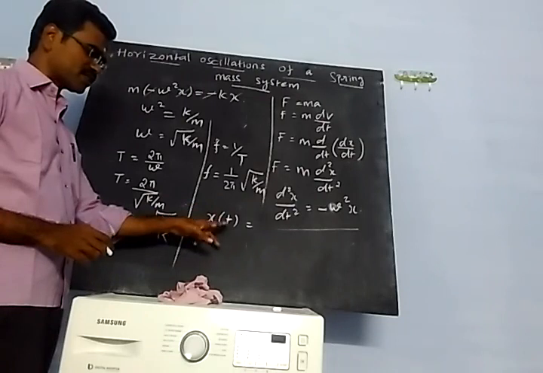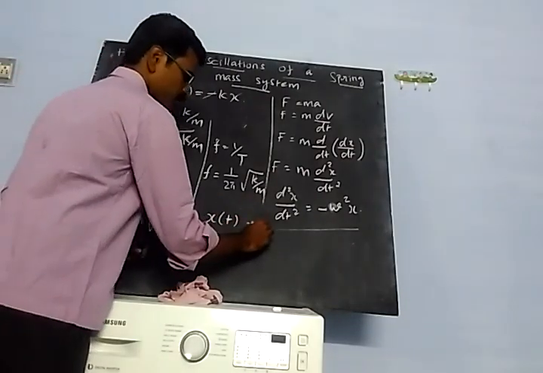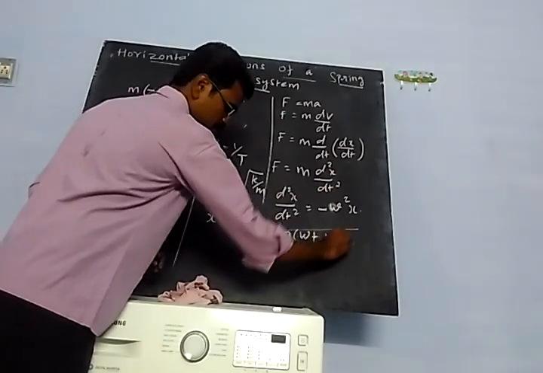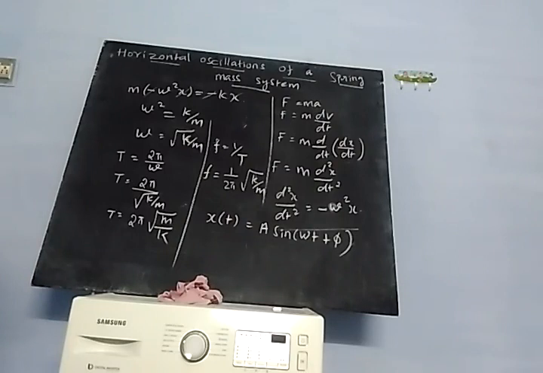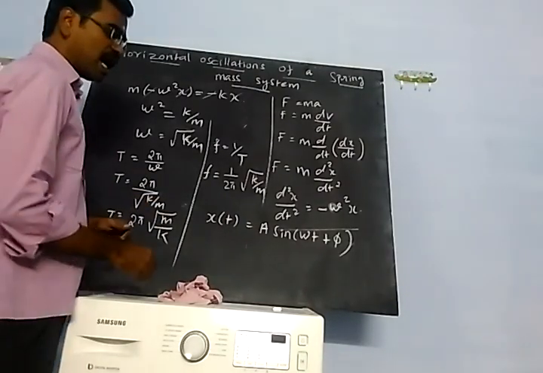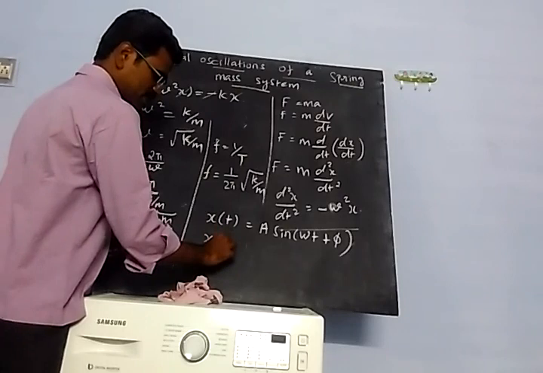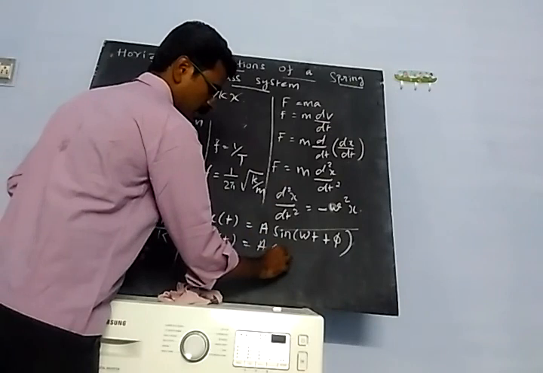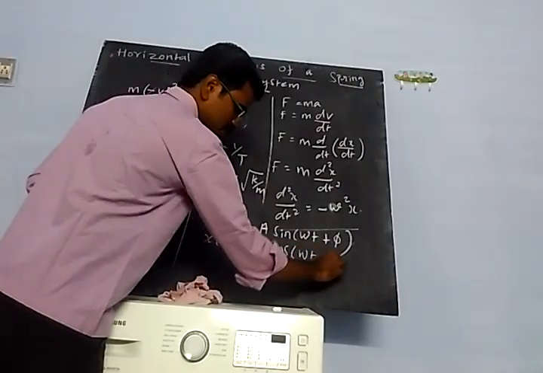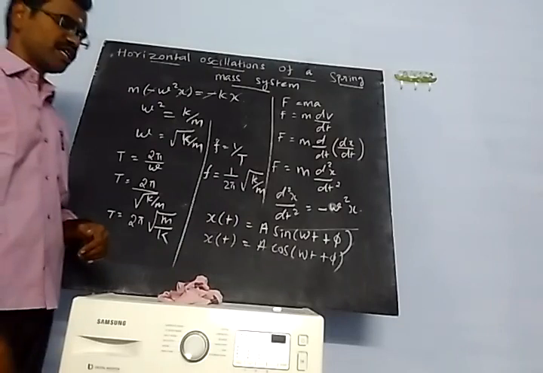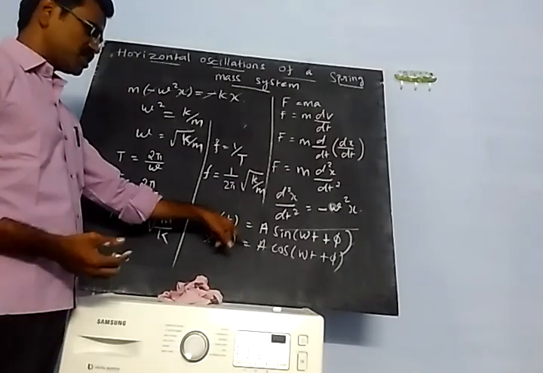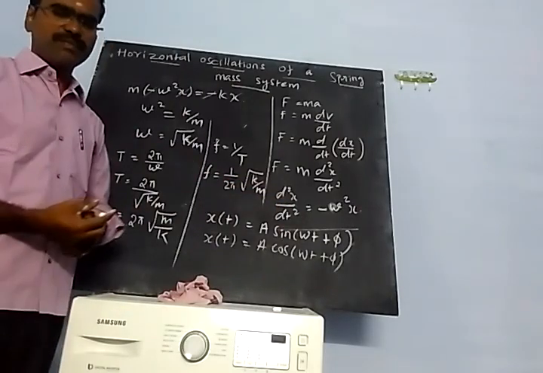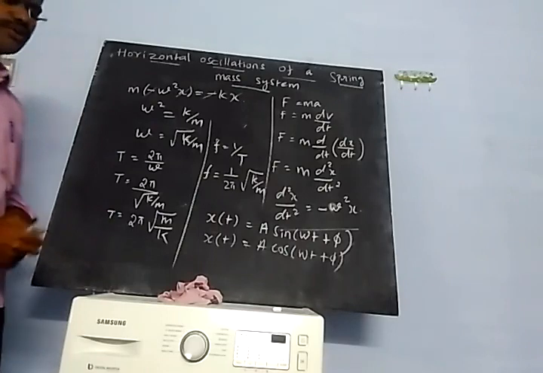So I can write x of t is equal to A sine omega t plus phi. Or in another form, x of t is equal to A cos omega t plus phi. These two equations are solutions of this differential equation. Do you understand? Okay, thank you.